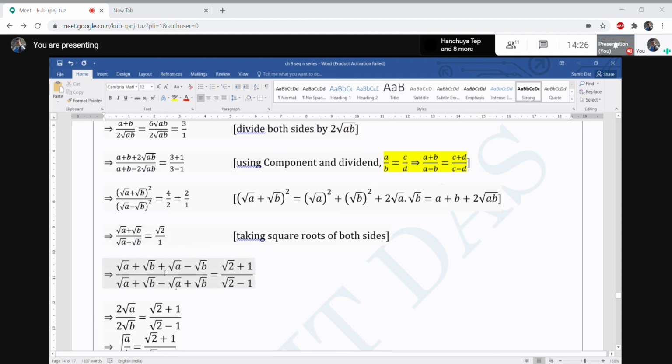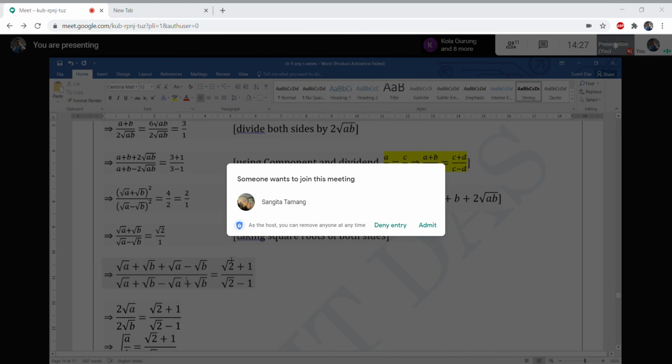Minus square root of b, minus minus, it is plus. And on the right hand side, square root of 2 plus 1 divided by square root of 2 minus 1. So on the numerator you can see this b and this b will be cancelled.